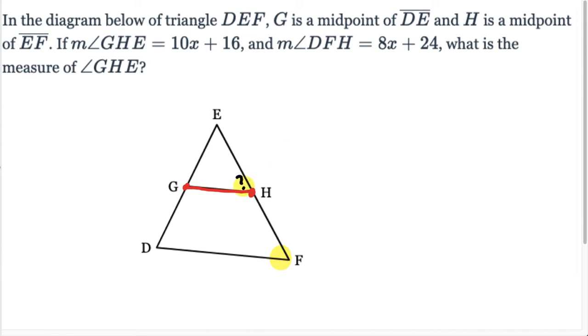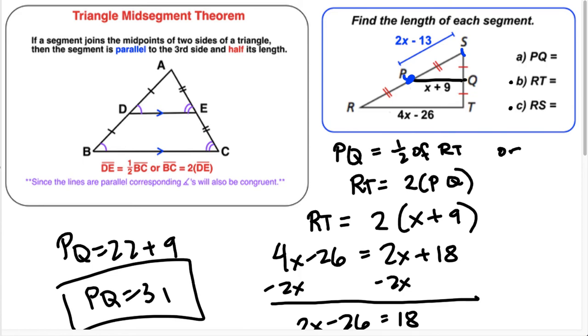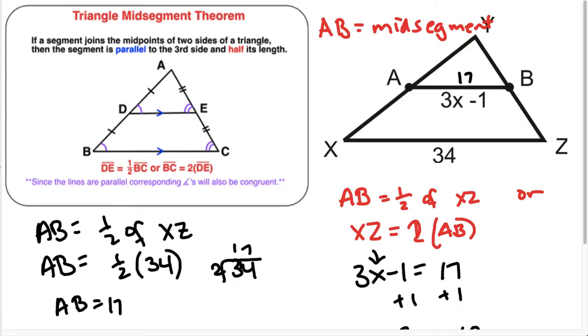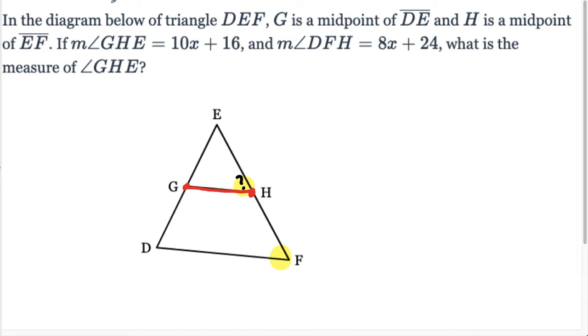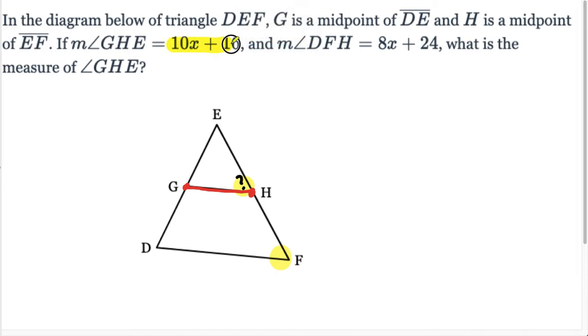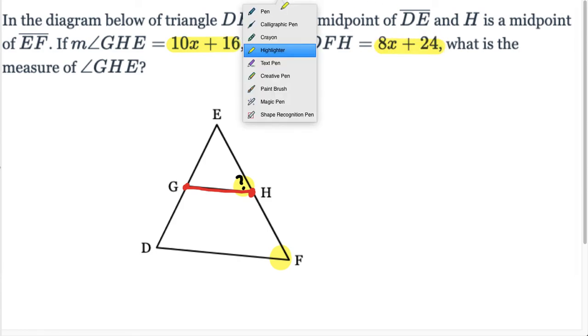Again, if you look back at the triangle midsegment theorem, we know that these two angles are corresponding angles, and corresponding angles are equal to each other. So that must mean that this angle, 10x plus 16, has to equal this angle, 8x plus 24.